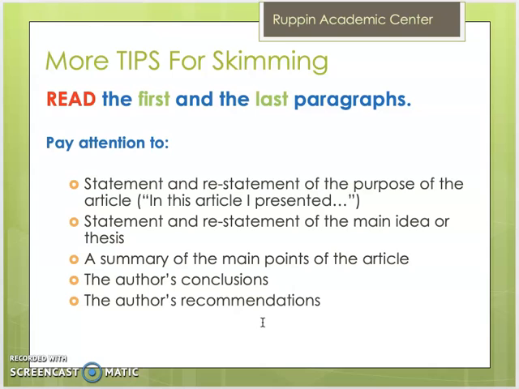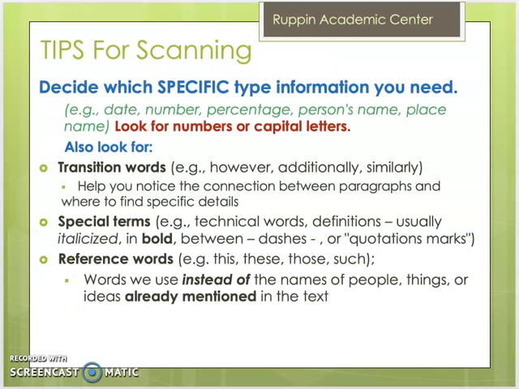So all of this very important information you should usually find in the first and last paragraphs. So even though you don't read the entire text and you don't read all of the information of every paragraph, you should read the first and the last paragraphs for skimming, so that you get that general main idea, the gist of the text. And now let's talk about scanning.